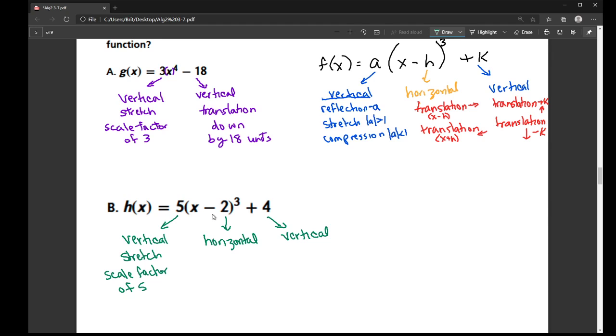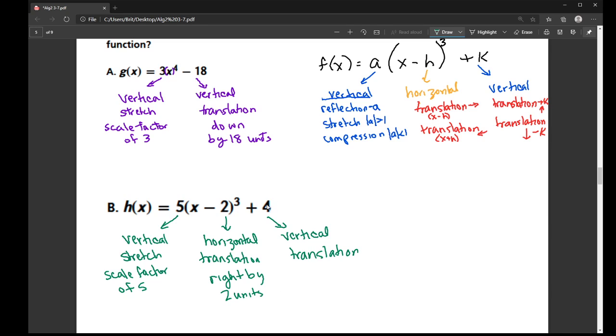Now on these other two are addition and subtraction, so both of these will be translations. Now, inside the grouping symbol, when I have a translation, remember it feels backwards. So here where it says -2, that's going to take me to the right by 2 units.